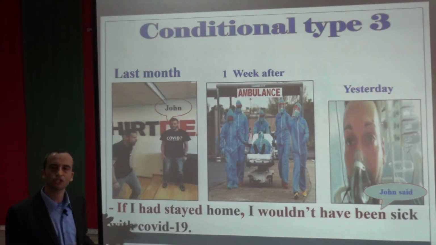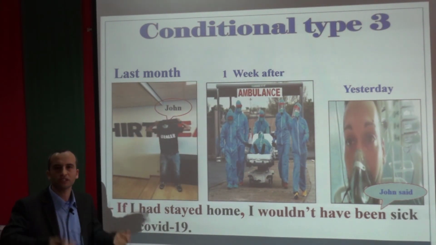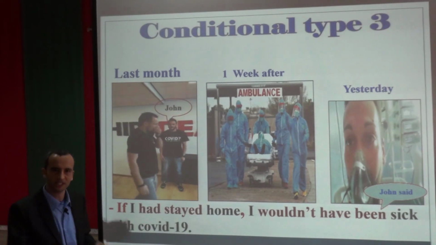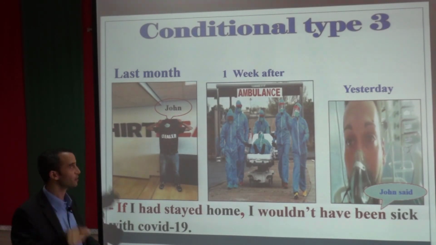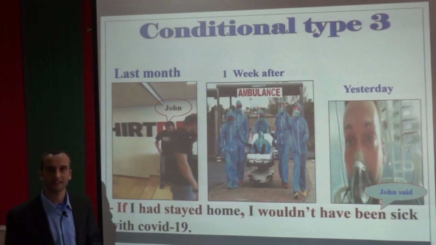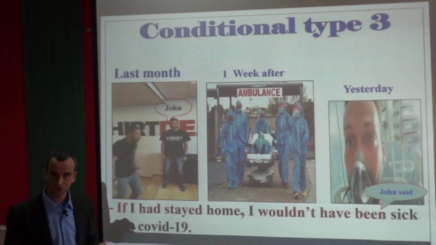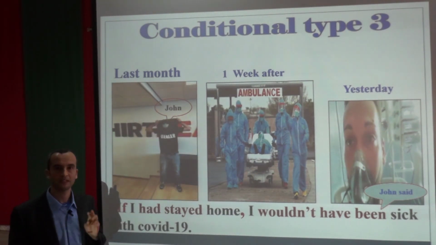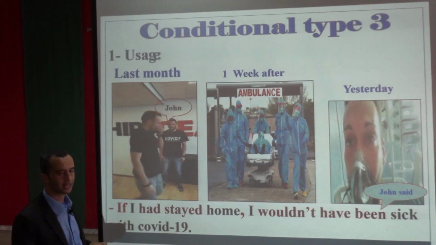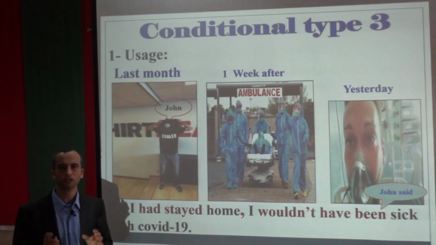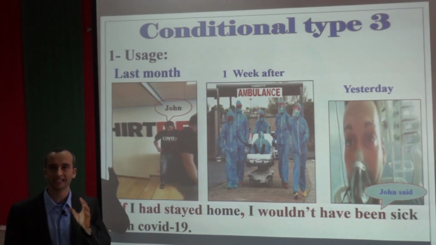Okay? There is also a kind of imaginary situation, but when? Is it in the present or in the past? Very good, in the past, last month. So we use conditional type 3 to talk about an imaginary situation in the past.